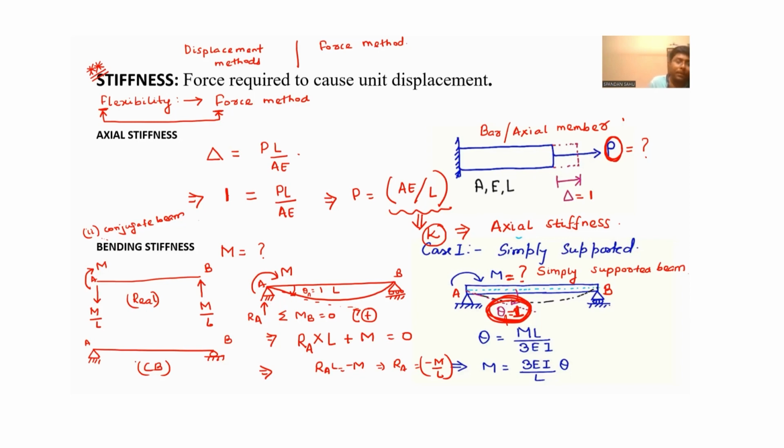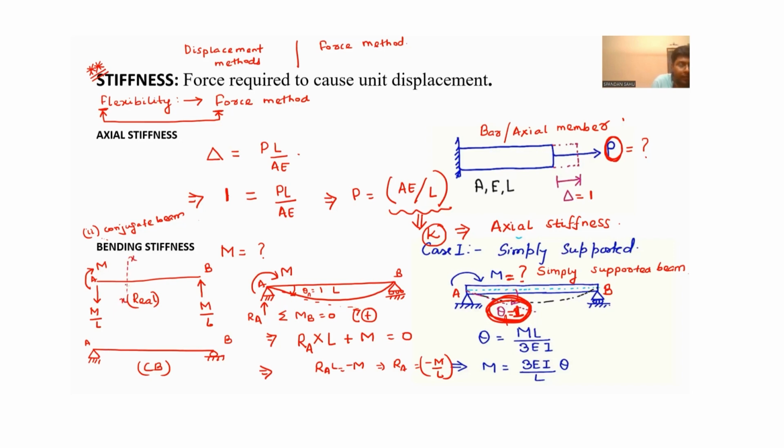The loading will be the bending moment, and it completely depends upon the sign convention of the bending moment. If the bending moment is on the compression side, then the arrows will be downward.